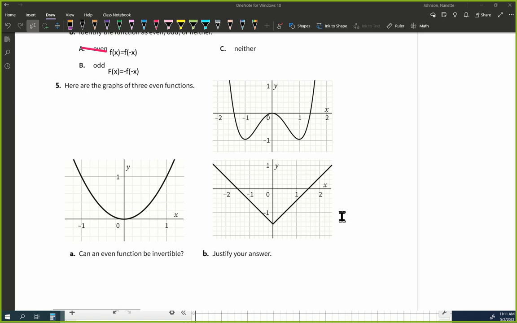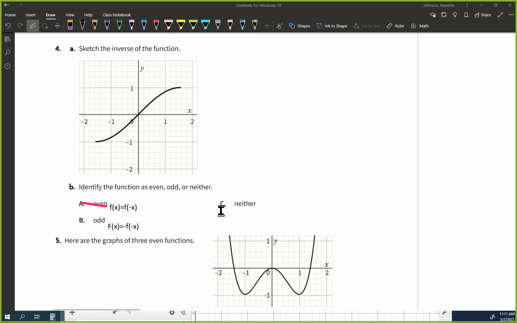Yeah, they look the same on each side, right? So we use the word symmetrical, very good. Symmetry is almost like the right side is a mirror image of the left side. You can say it's reflected across the y-axis. So even functions are reflections across the y-axis.